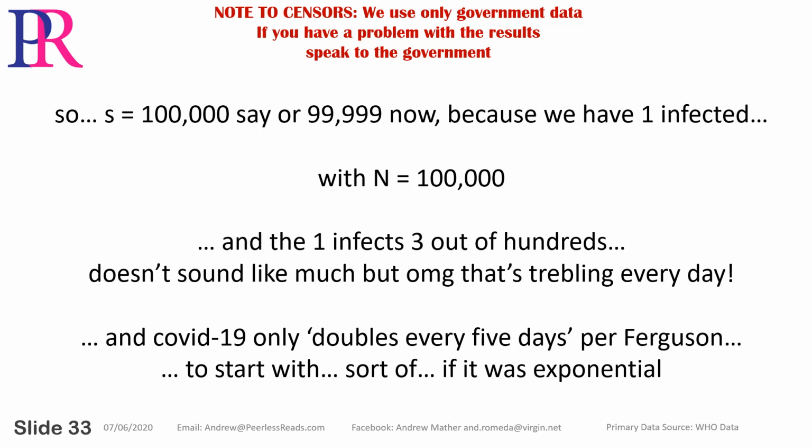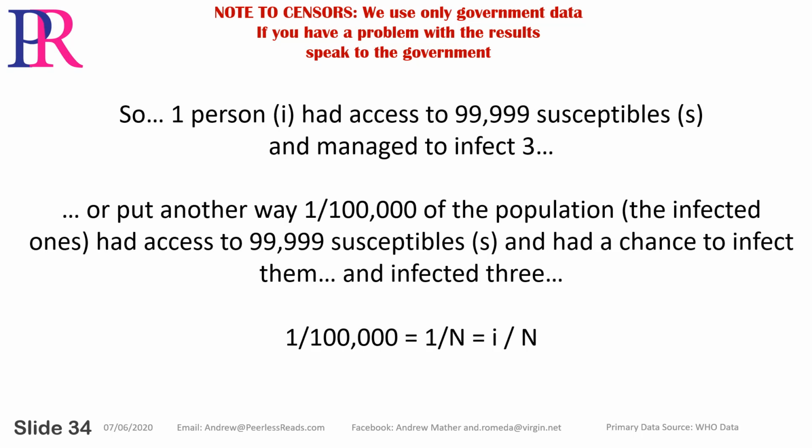Doesn't sound like much, but oh my god, that's trebling every day. And COVID-19 only doubles every 5 days per Ferguson, to start with, sort of, if it was exponential. So one person, I, had access to 99,999 susceptibles, S, and managed to infect 3.